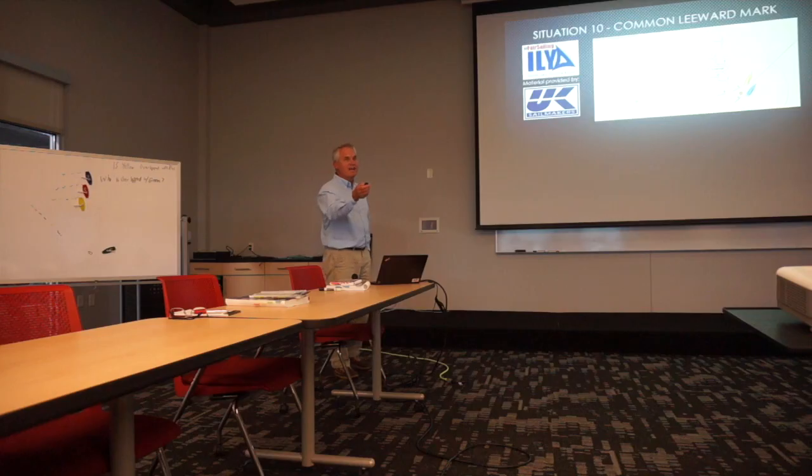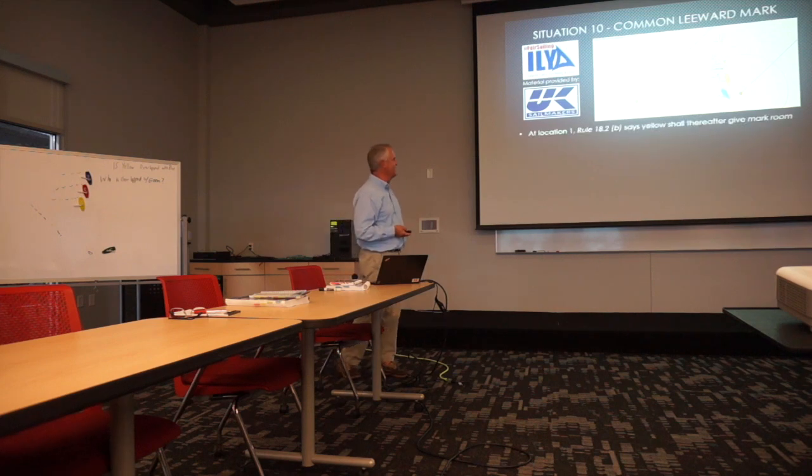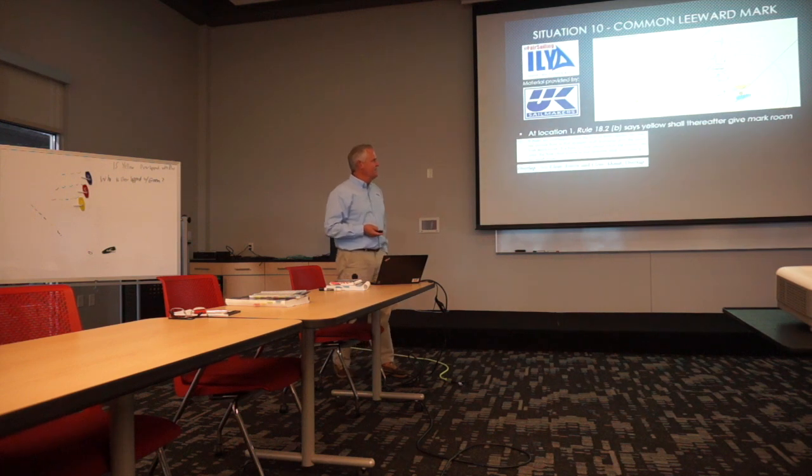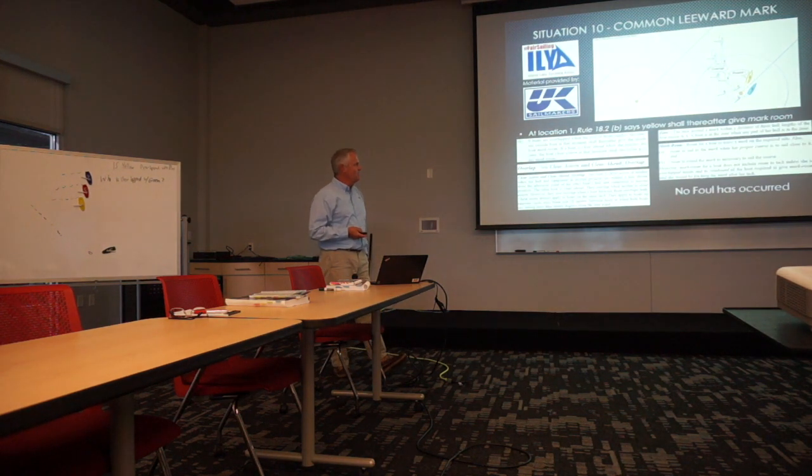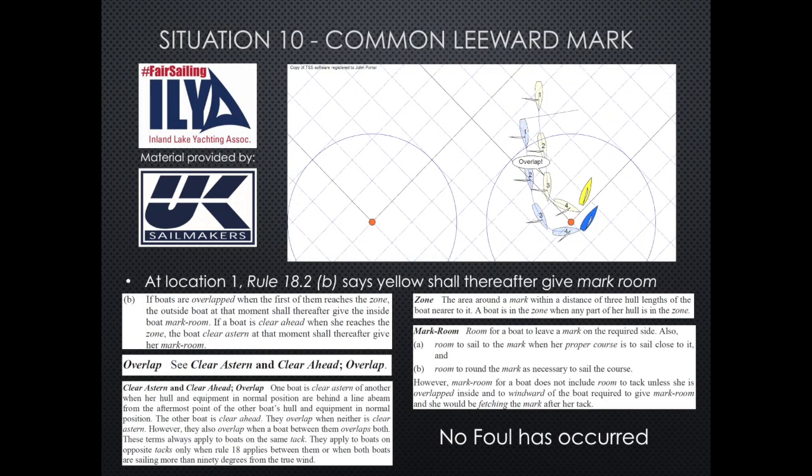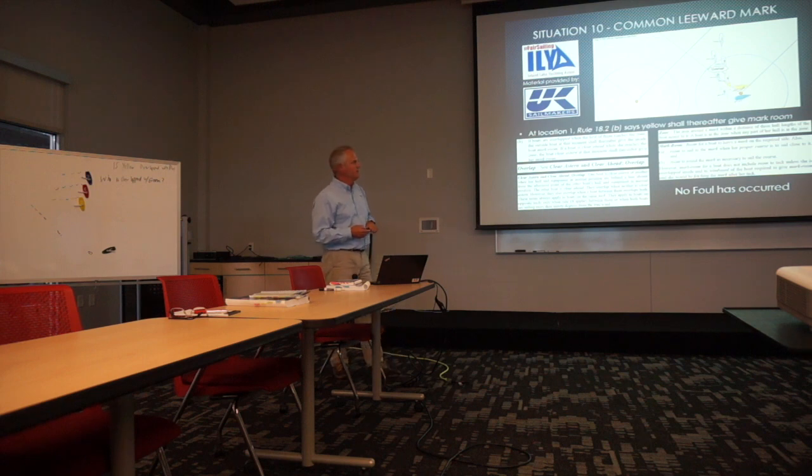Well, communication, even though the hail's not binding, good communication early on can go a long way towards preventing this surprise. So at this point, what we see is, no foul has occurred because basically blue doesn't give yellow the room that they were not entitled to, and yellow has to bail out. This presumes, if yellow ran over that buoy, the simulator looks a little bit like they ran over the buoy, they would obviously have to do their penalty for that. And yellow still has to round the mark. They haven't rounded the mark yet.